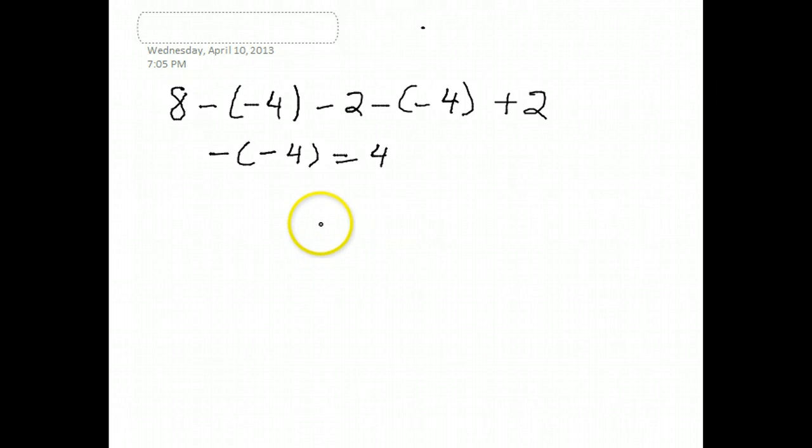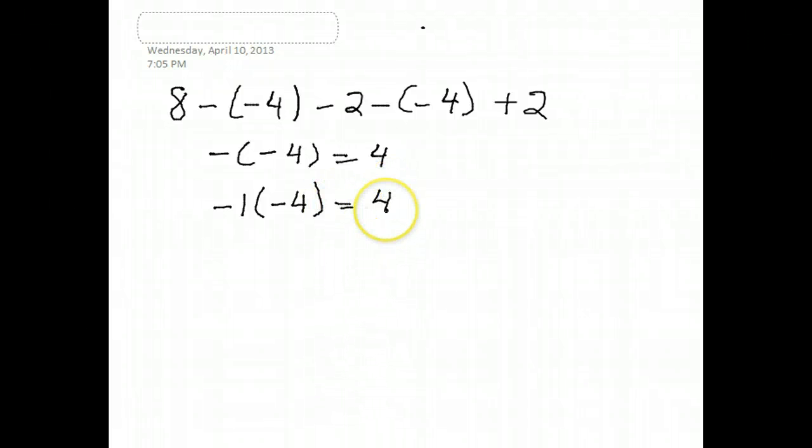Okay, so you can think of it that way, and therefore, it changes to a positive. Or you can think of the negative sign in front of parentheses as really being an invisible minus 1. And when you multiply a negative 1 times a negative 4, this is also equal to a positive 4. And actually I can put the plus sign in front of it.